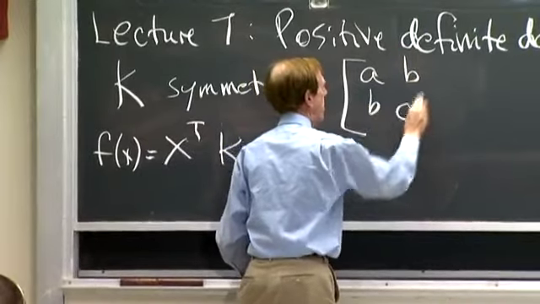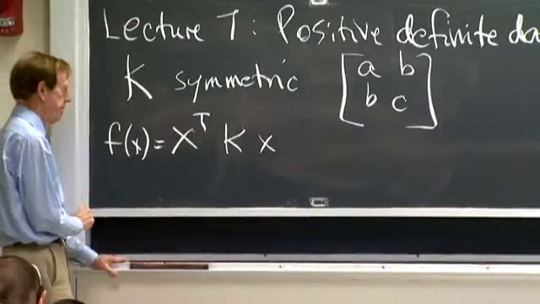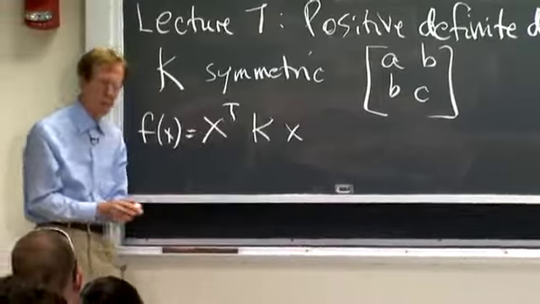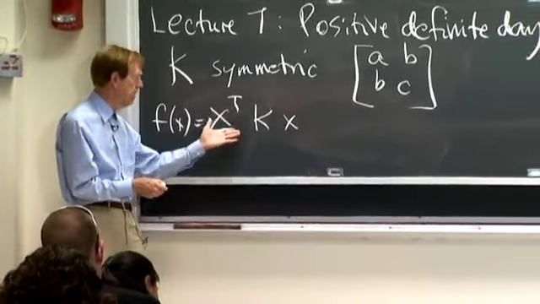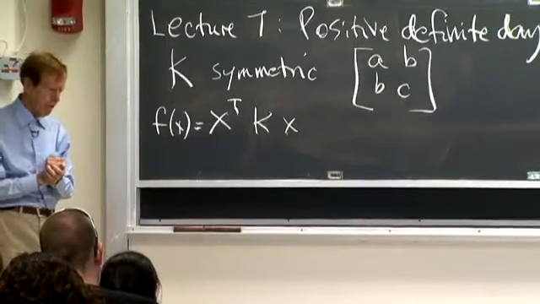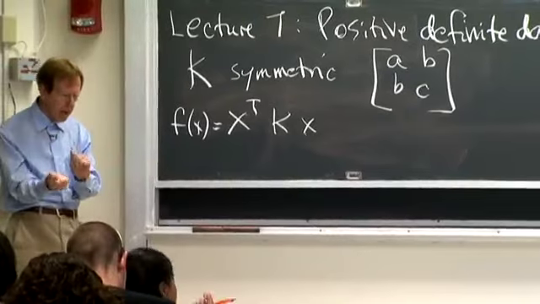A, B, B, C. Suppose that's my matrix. This is the first time I've ever written something that had x's times x's. So it's going to be quadratic. They're going to be x's times x's.